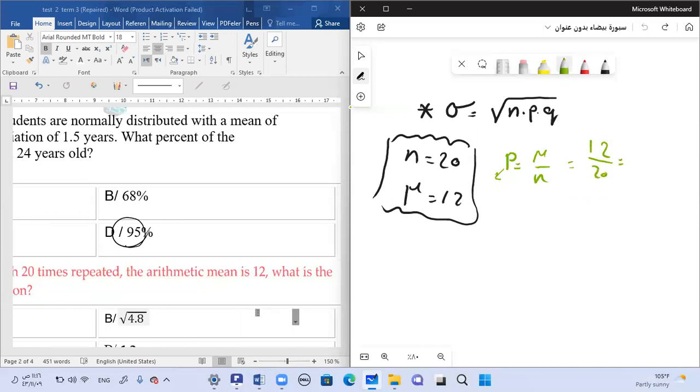Dividing by 4, we get 3 over 5. This is p. How can you find q? The rule is q equals 1 minus p. So q equals 1 minus 3 over 5, which is 2 over 5.